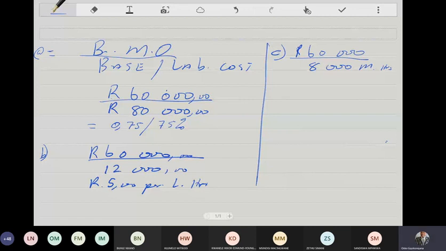Then your 60,000 divided by your 8,000 gives you 7.50 rand per machine hour. So that's it for number 1.